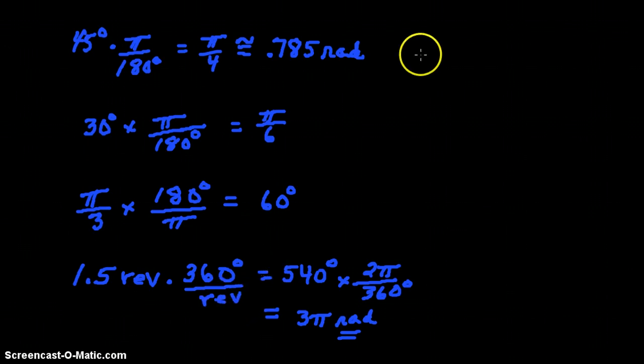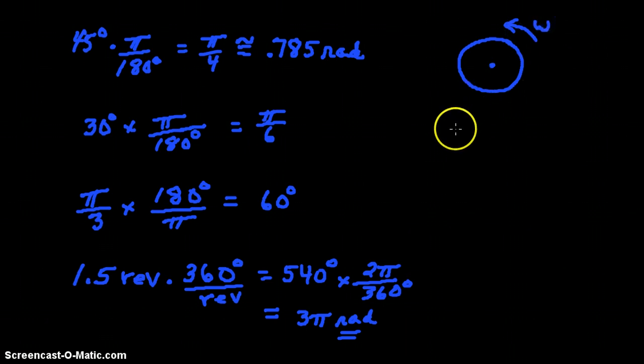Okay, let me come up here and develop some more formulas. Say you got something rotating about an axis, and that's the angular velocity, omega.